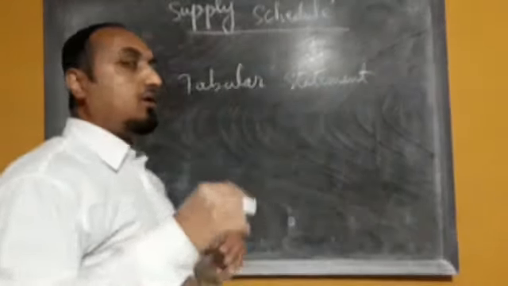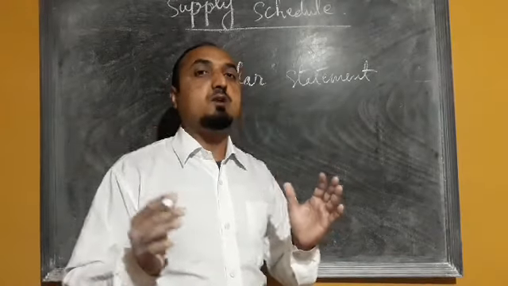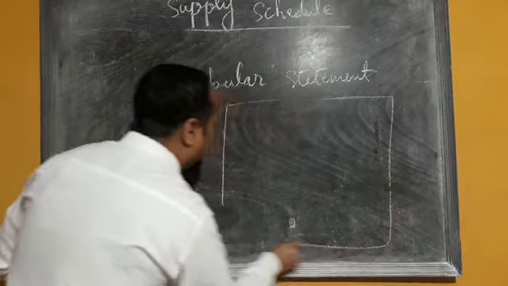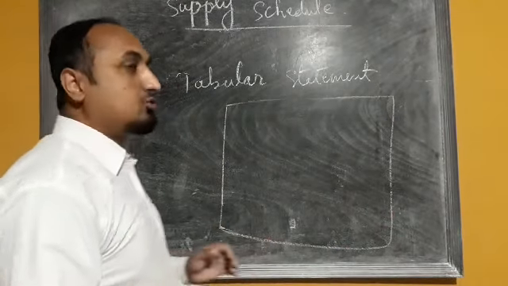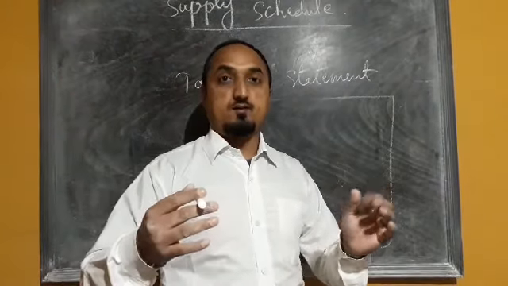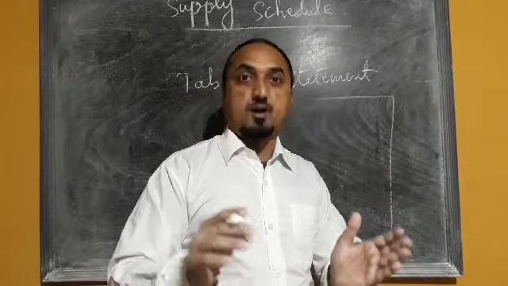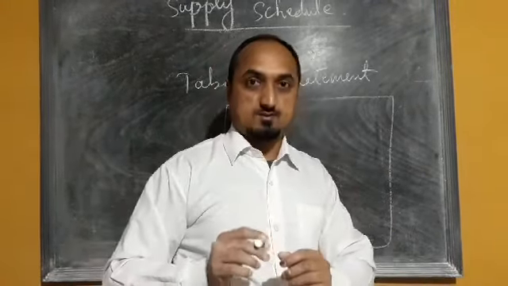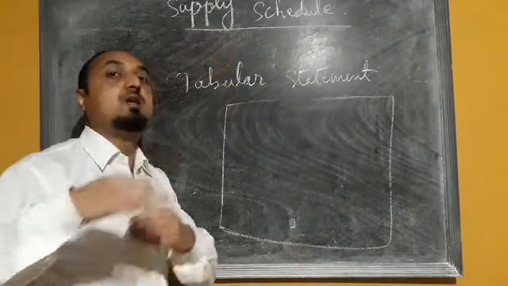Tabular statement means it will be in a tabular form, which shows the various quantity that producers are willing to produce and offer for a sale at different prices during a given period of time.